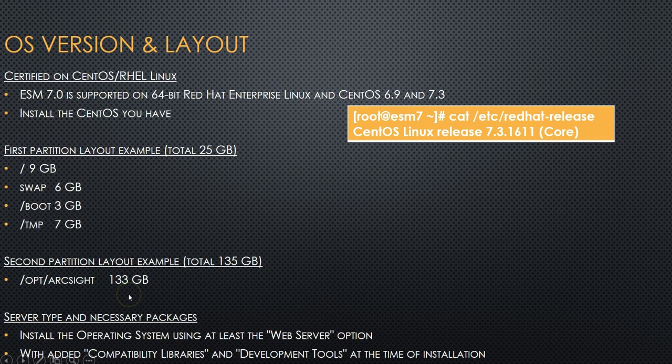Remember our sizing calculation to achieve 100 GB of maximum event storage: we make the calculation and get to know that we need about 133 GB, so we make a second partition with 135 GB, like a 2 GB margin.